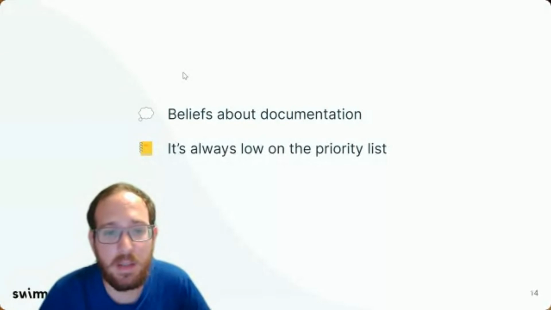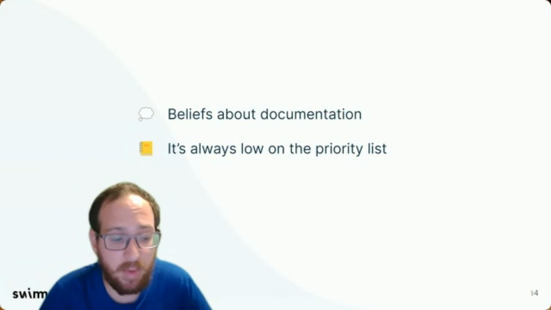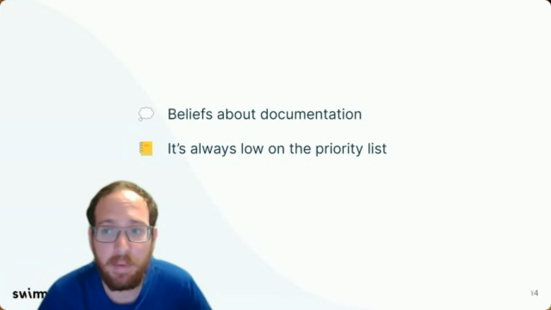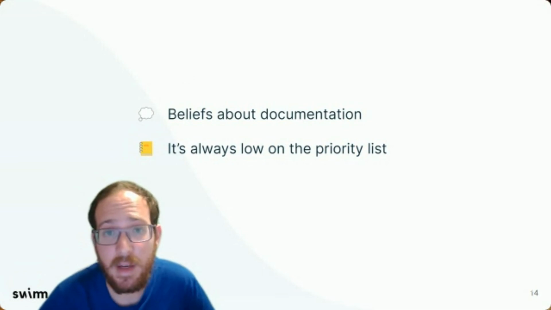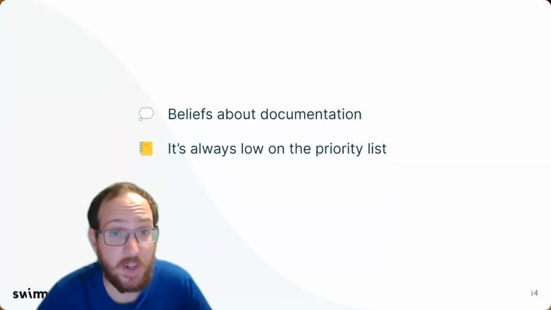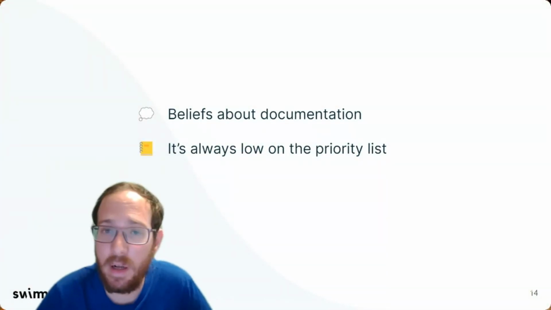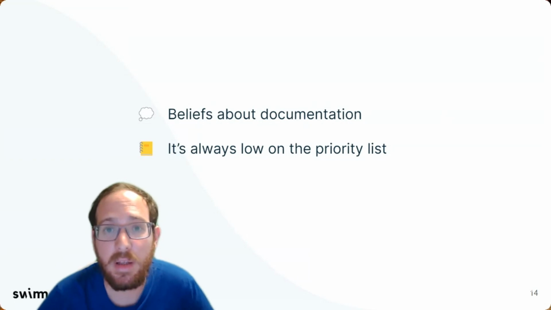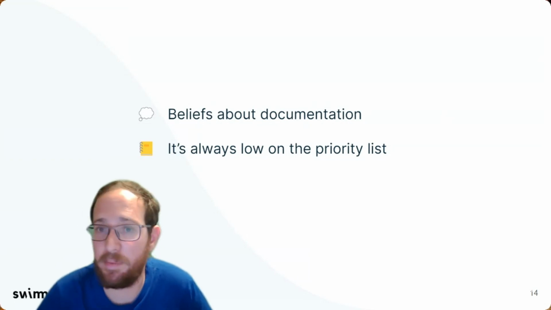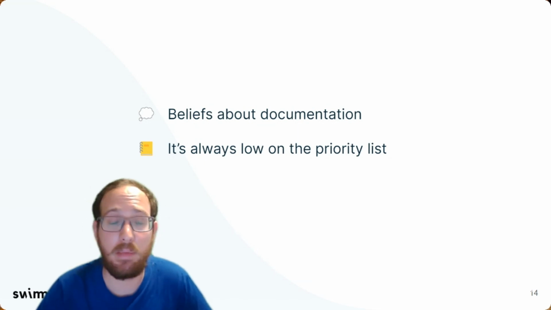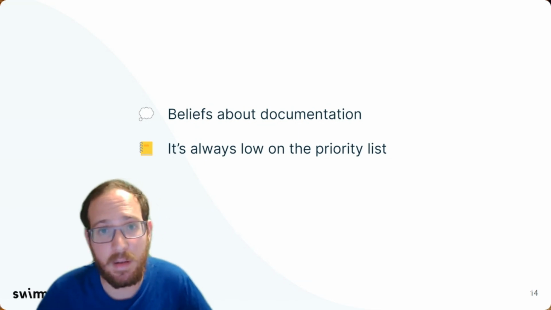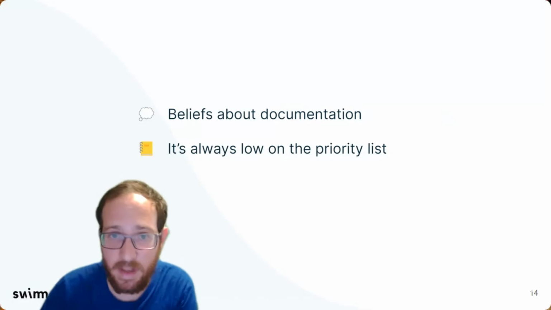Also, documentation is many times low on the priority list. It's considered as something that is not as urgent as fixing bugs in production, for example. But I think as modern systems become more and more complex, the importance and urgency of sharing knowledge in an efficient manner really rises. And we have more and more people joining new teams, people working remotely and not being able to ask their teammates in a minute, just, hey, can you please help me with this part right here?